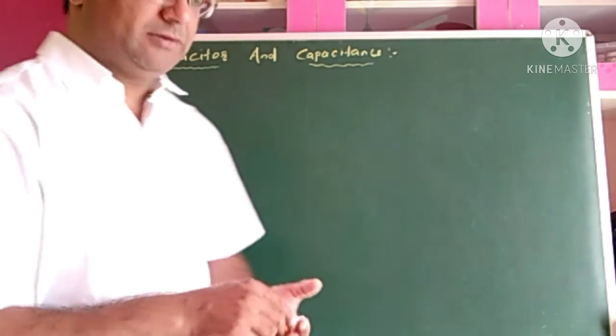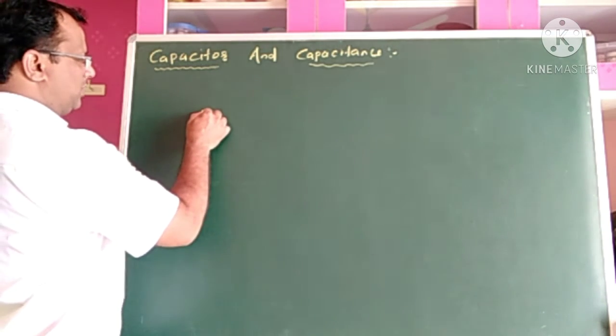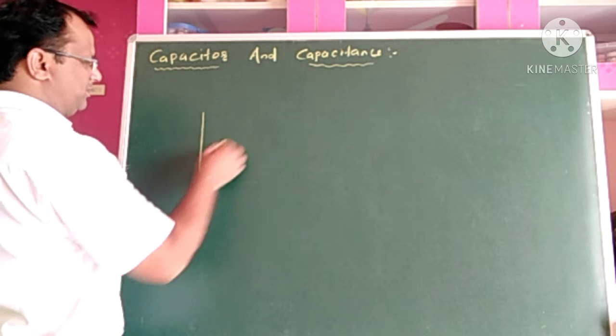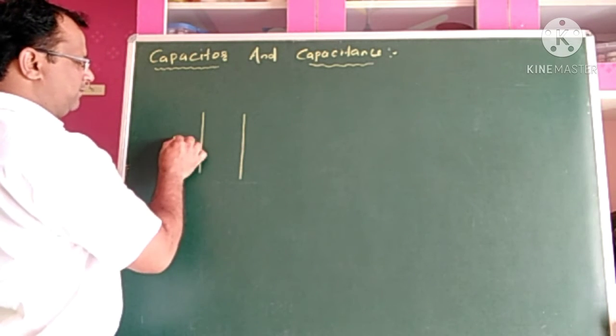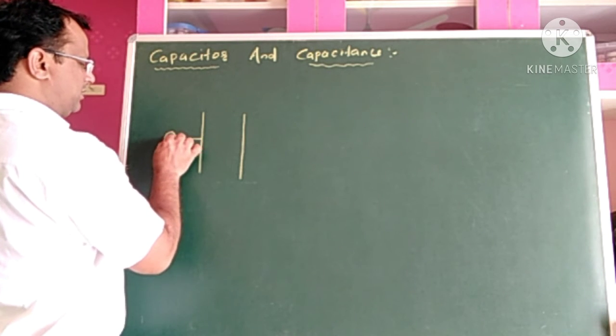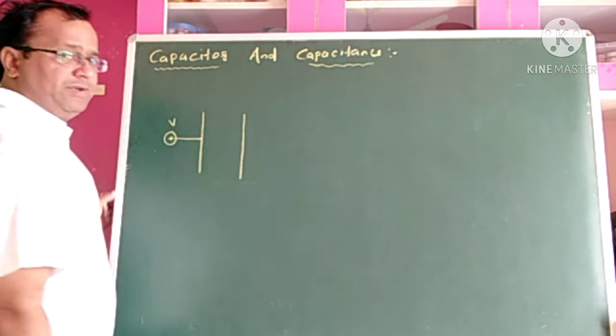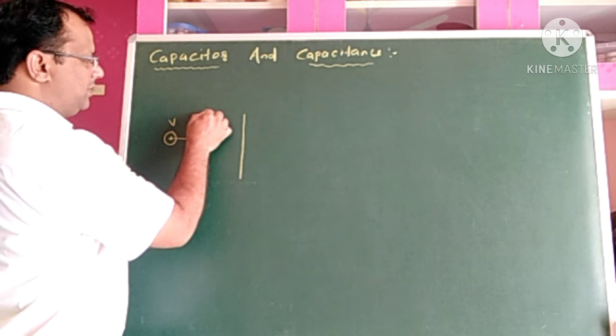First of all, a capacitor consists of two conducting plates. This will be the first plate and this will be the second plate. To the first plate we give the positive potential V. Due to that, what happens here?